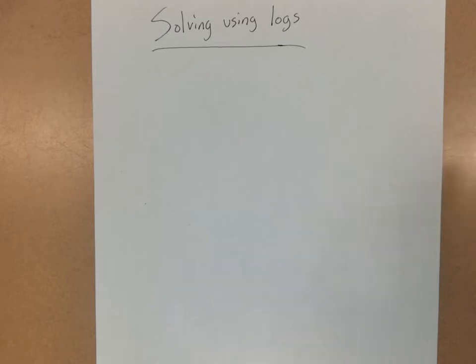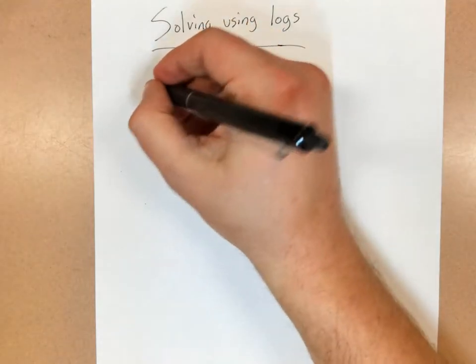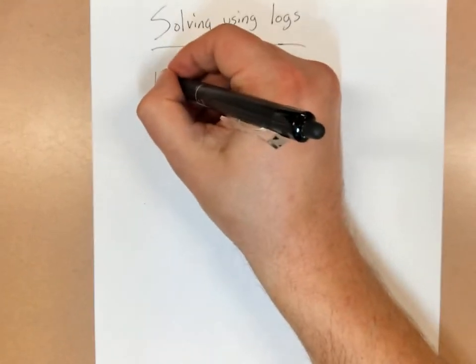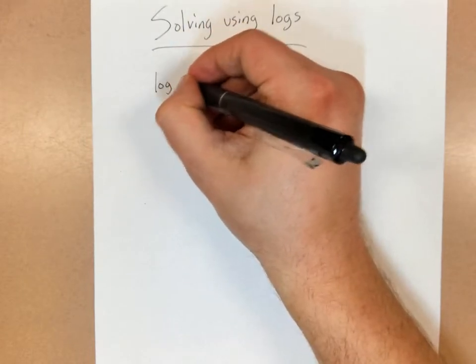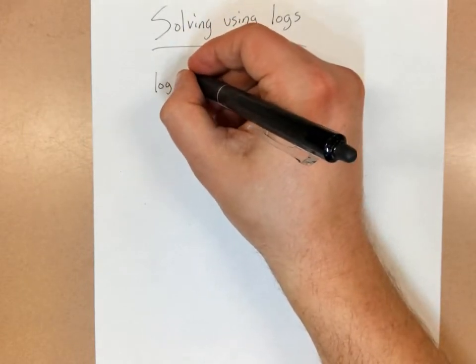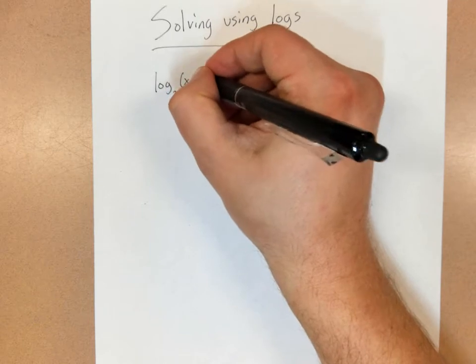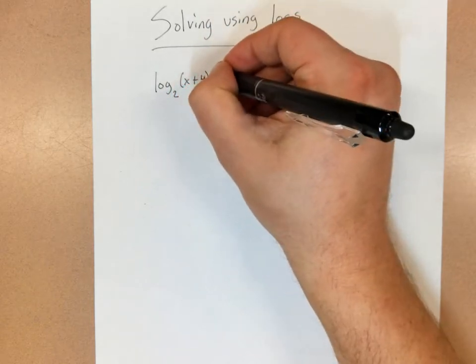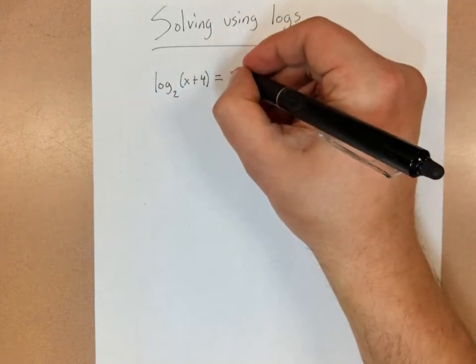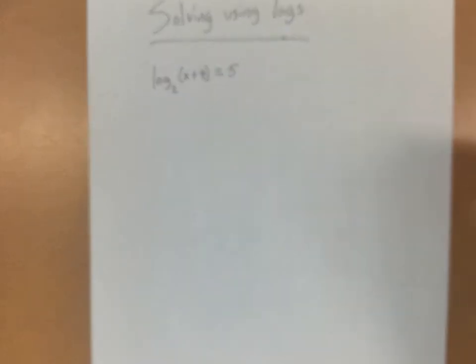There are different situations that will come up, but these are probably going to be the most common. The first one would be, let's say that we have log base 2 of x plus 4 equals 5.